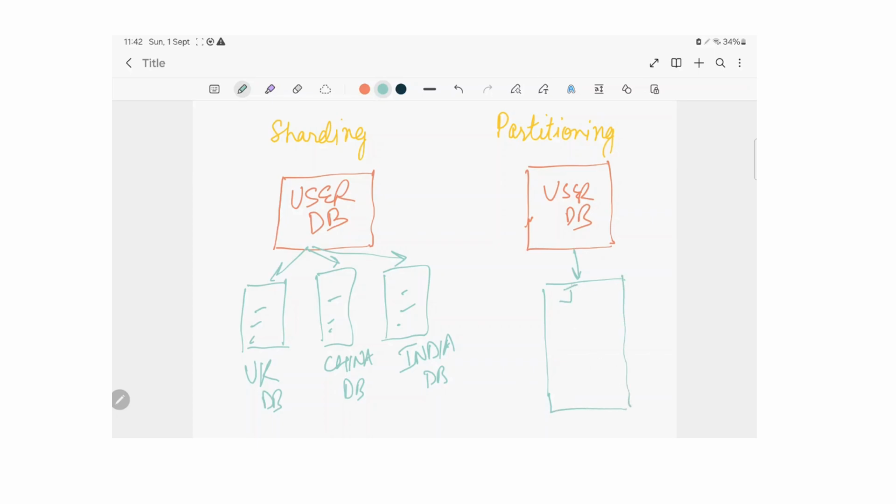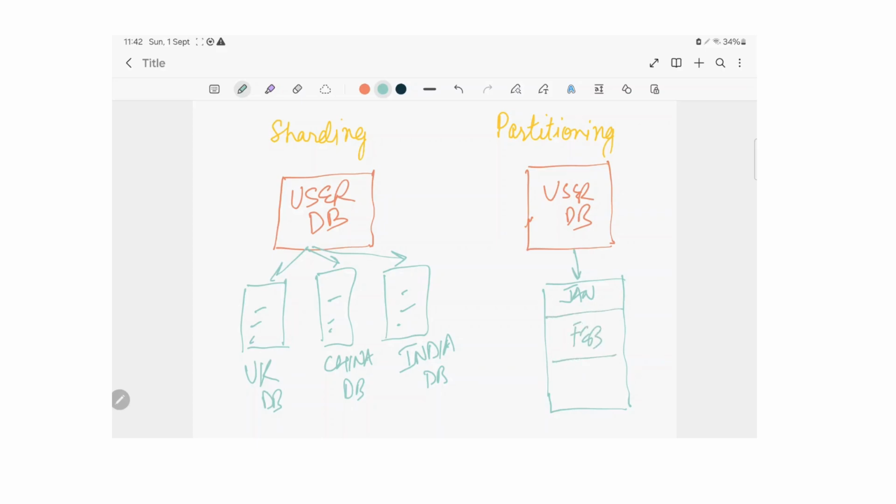This database instance remains the same, or there is only a single database. We don't have a user DB January, user DB February, so it's just an inner partitioning.